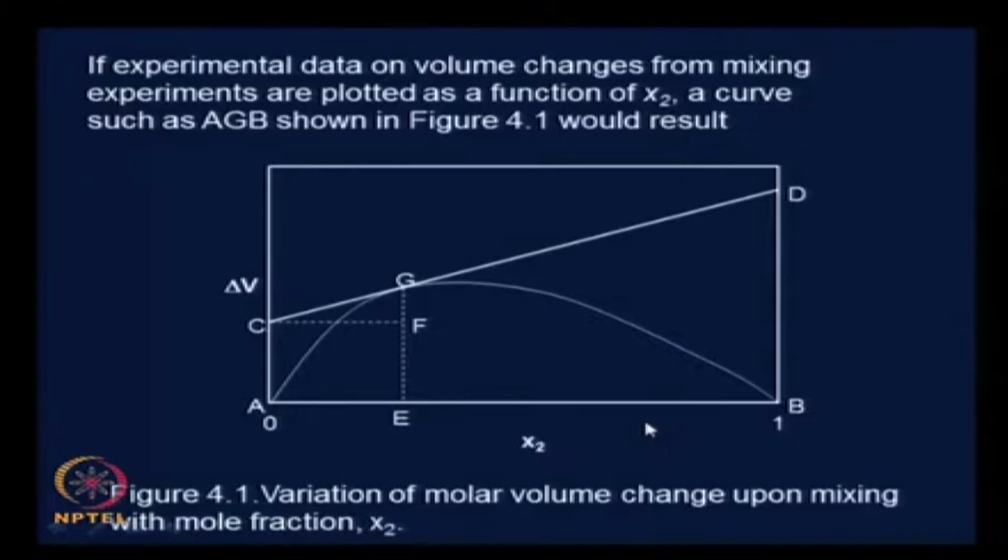What I would like you to do is juggle your brains around a little bit and try to figure out how we can use this figure to get at the partial molar property, let us say V1 hat or V2 hat.